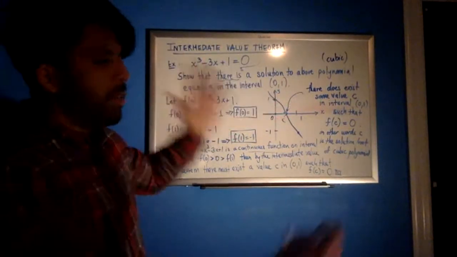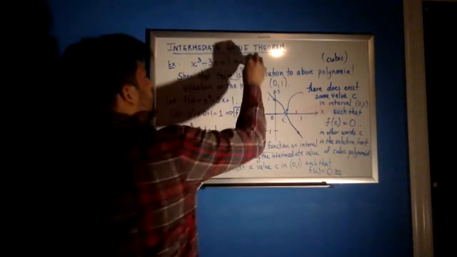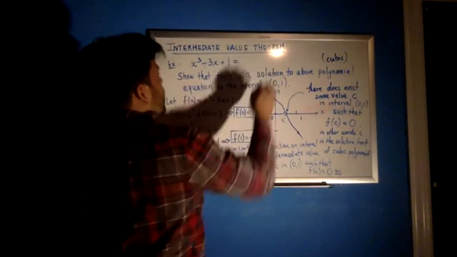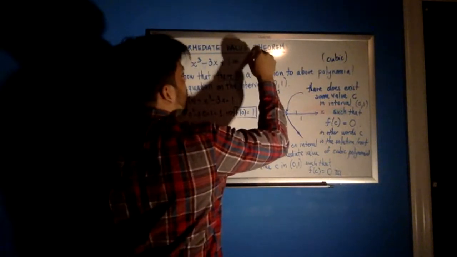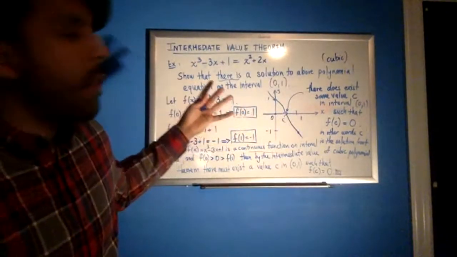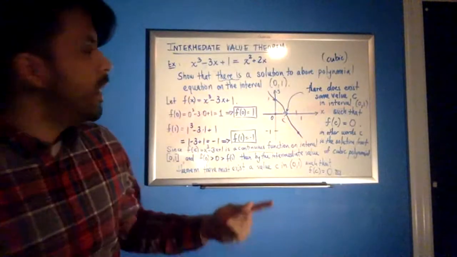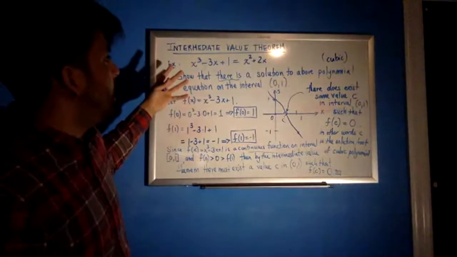So let me give you a different taste. Let's say I had x cubed minus 3x plus 1 equals x squared plus 2x, on the interval 0, 1. Let's say I have this as my problem.